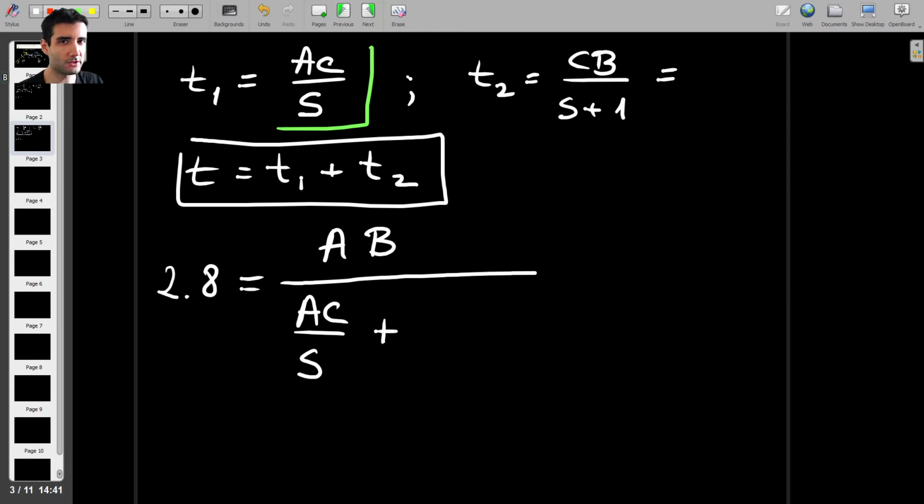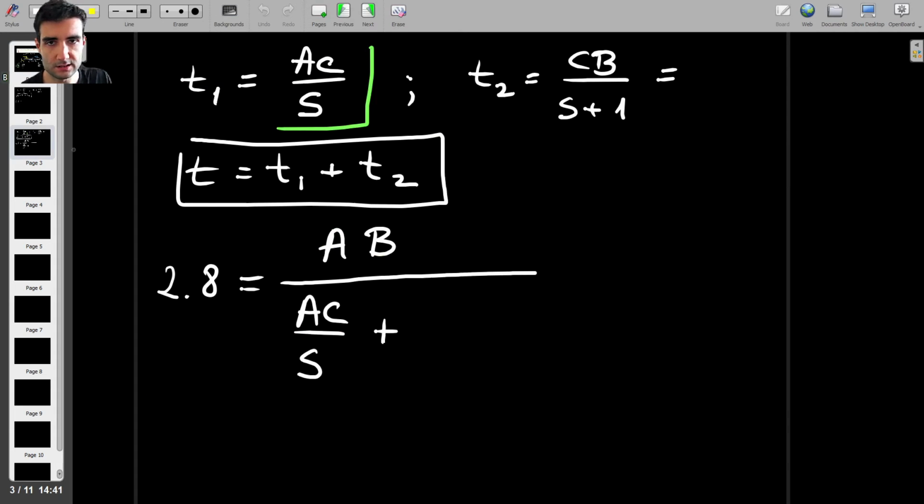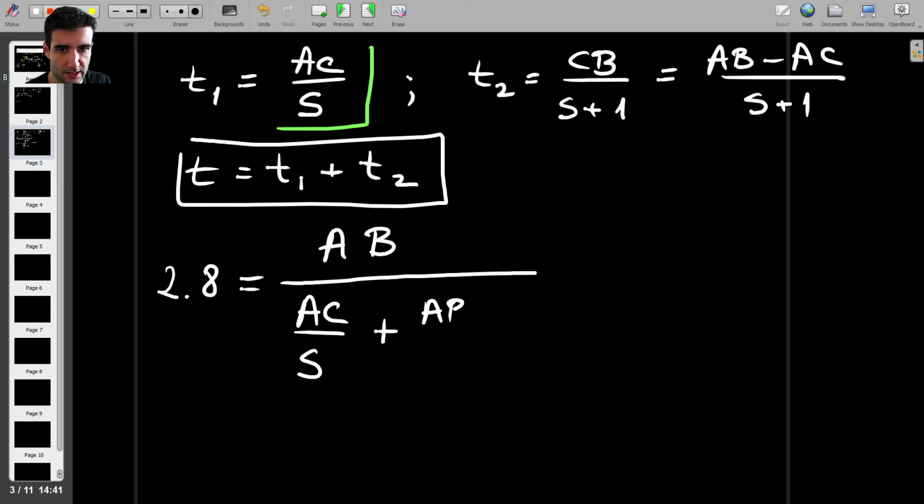Now, I'm not going to write CB. Instead, I'll write AB minus AC. So this is the same as AB minus AC over s plus 1, and you'll see why I do that. I'll explain in a second.